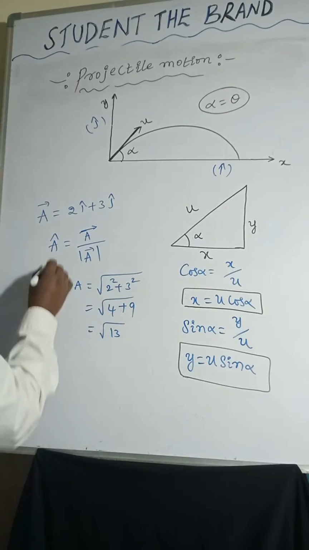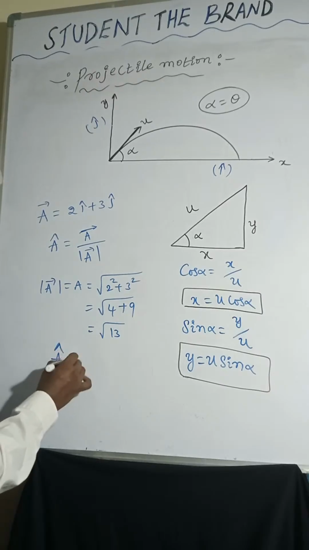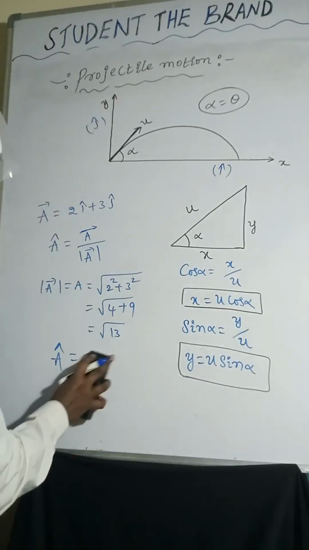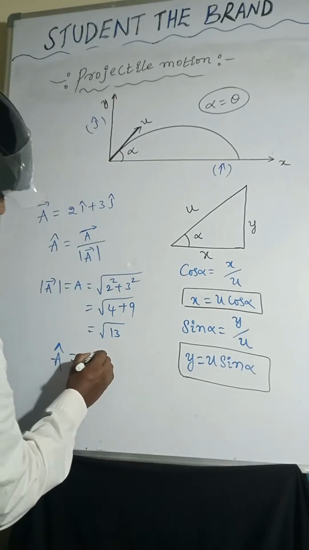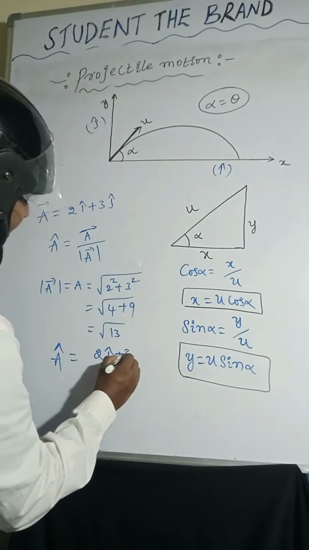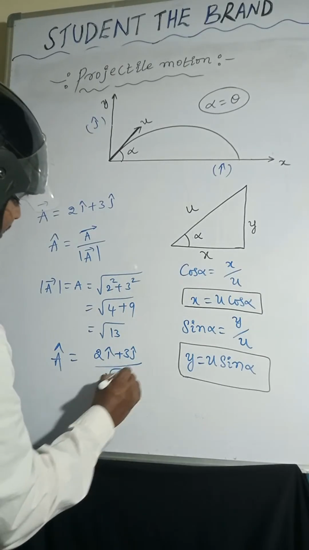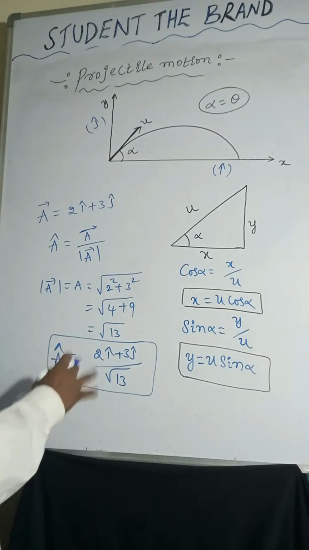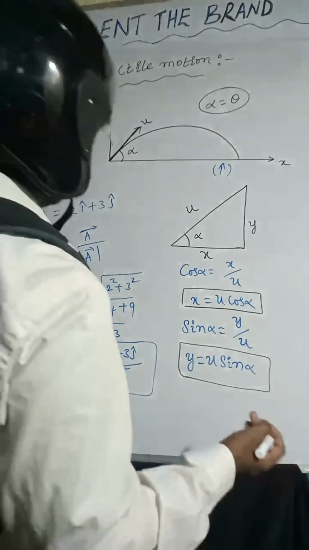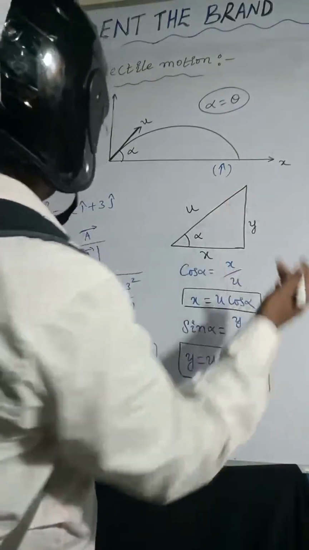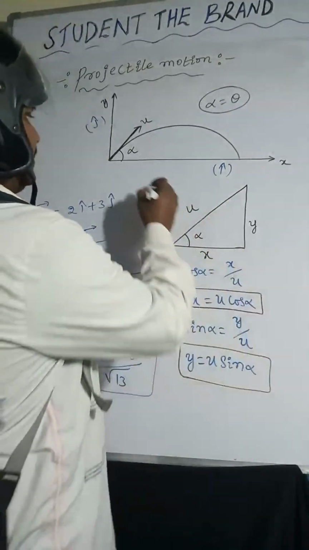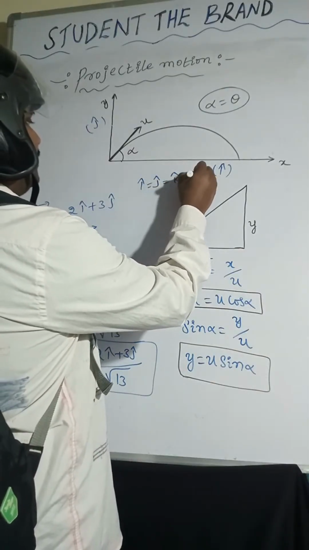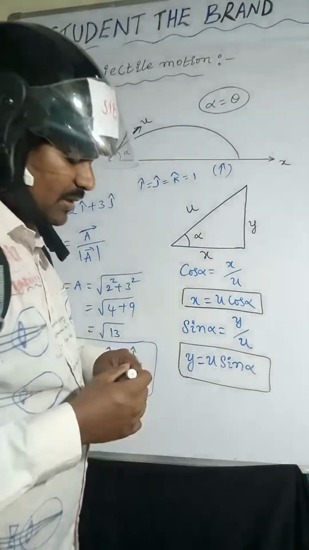Now a cap equals a bar divided by root 13, that is 2i cap plus 3j cap by root over 13. Like this we can identify the unit vector. Normally the unit vector magnitude is 1, so for i cap, j cap, k cap, the magnitude is 1. Okay, fine.